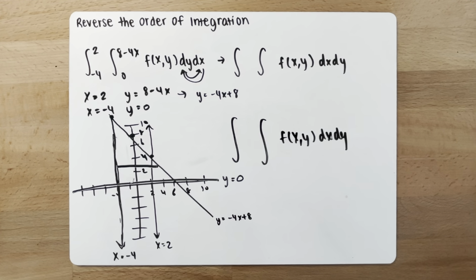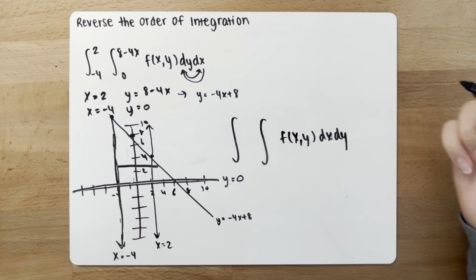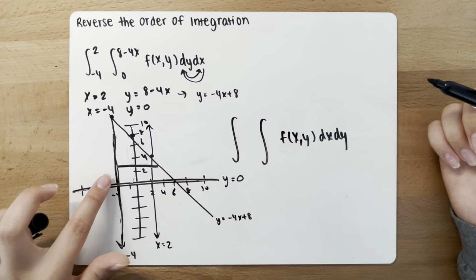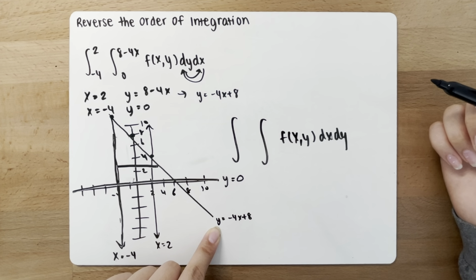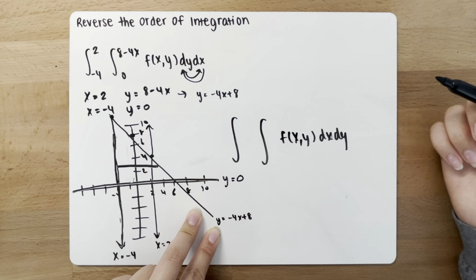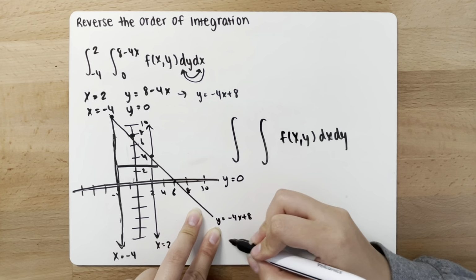In order to find the upper boundary of dx, you're going to look at this graph and see what line determines where the x-axis ends within the region. So the x-axis finishes right here for the upper boundary, and for this we use the line y equals -4x plus 8. Therefore, you're going to solve for x.